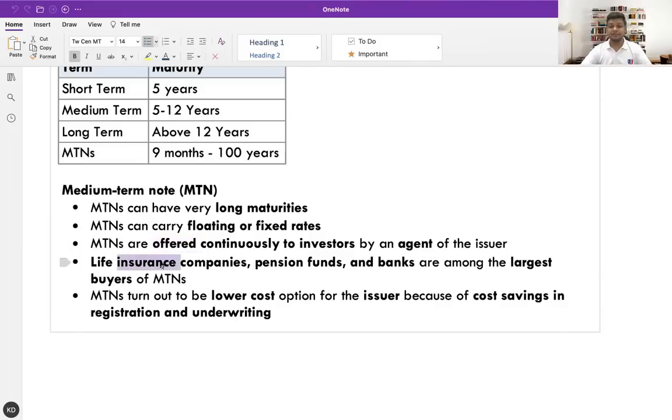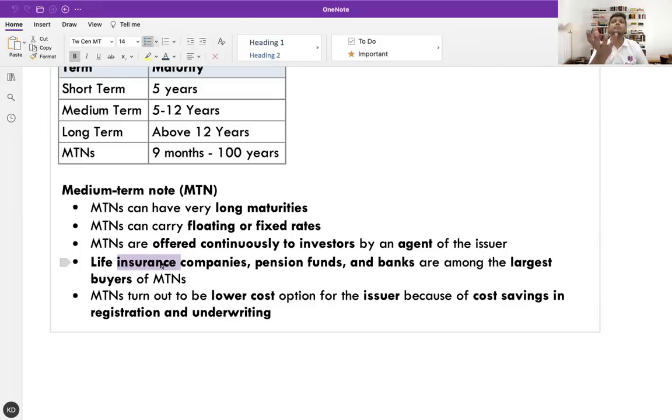Life insurance companies, pension funds, and banks are some of the largest buyers of medium-term notes. Why? Because they have liabilities for various maturities. So they need several types of bonds with these types of maturities.